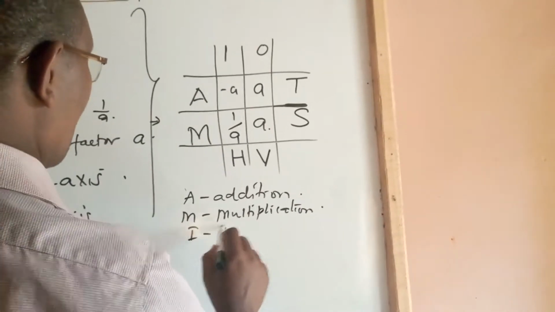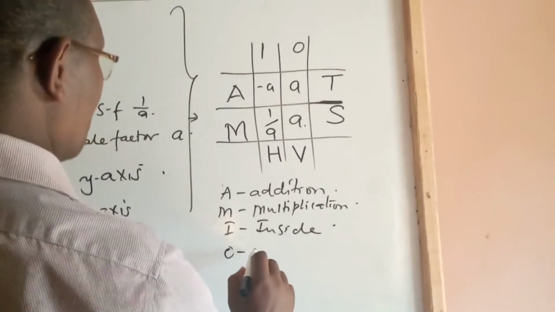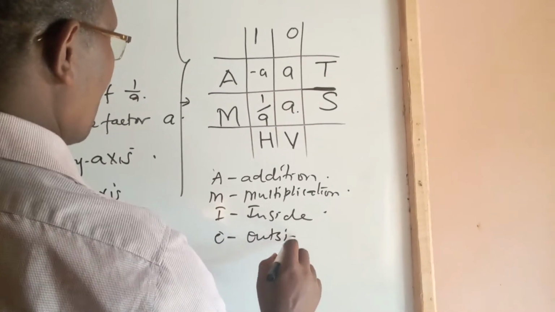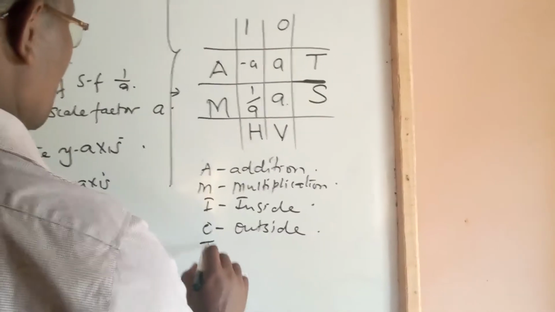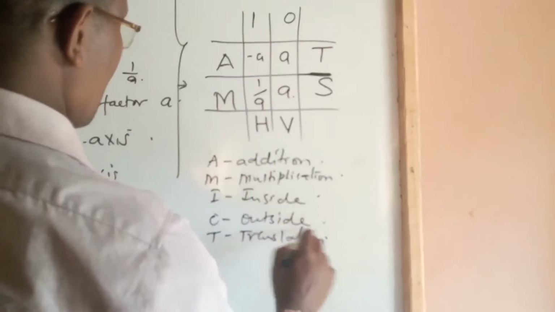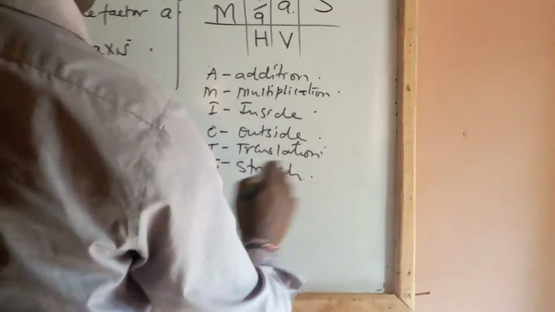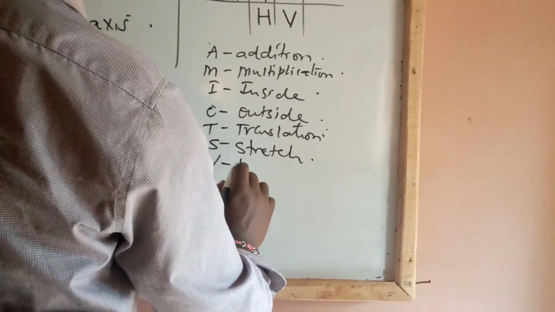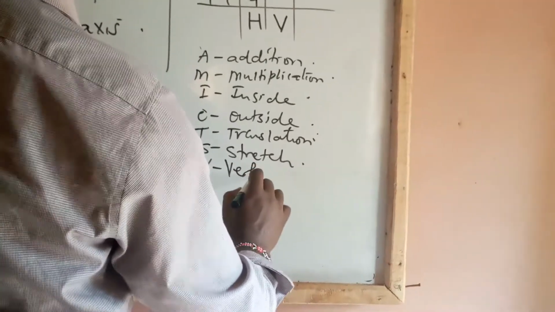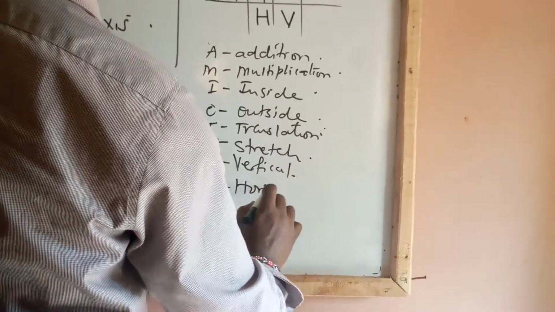I means inside. O means outside. T means translation. S means stretch. V means vertical. And of course, H means horizontal.